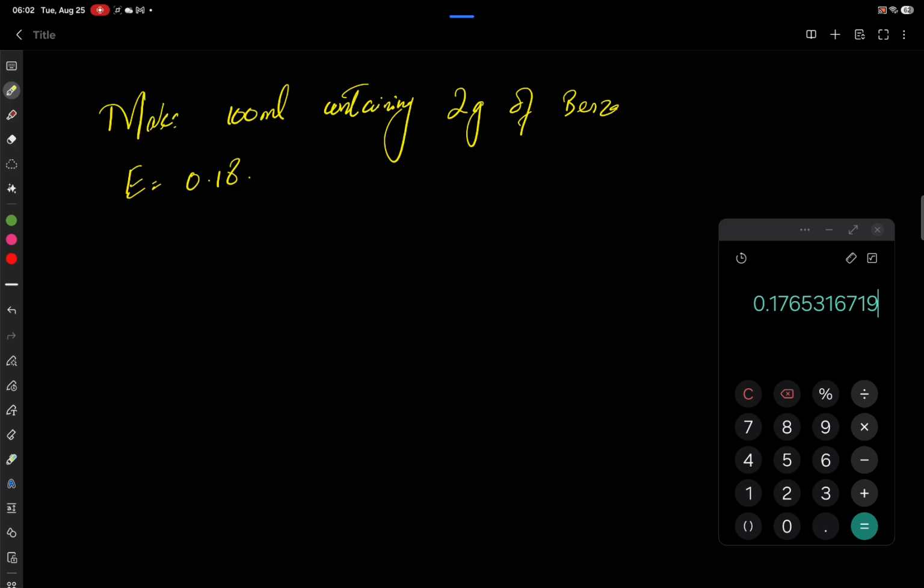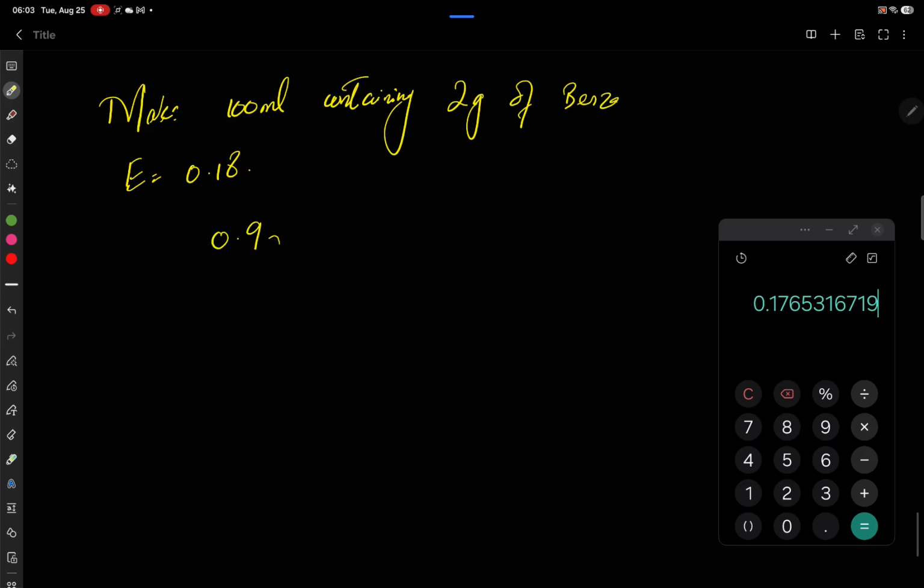We already know that 0.9 gram is available in 100 ml. So the total NaCl required to prepare 100 ml isotonic solution is 0.9 gram.